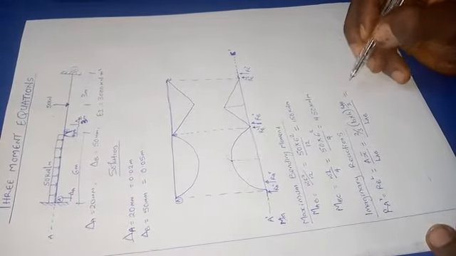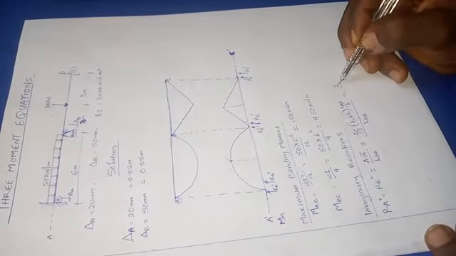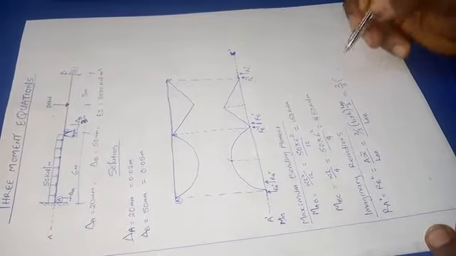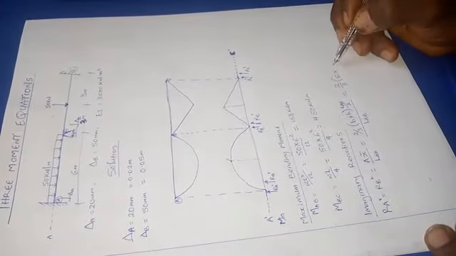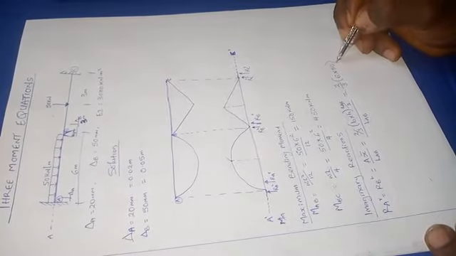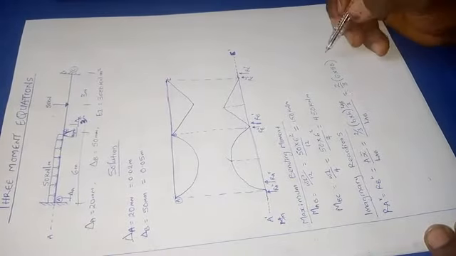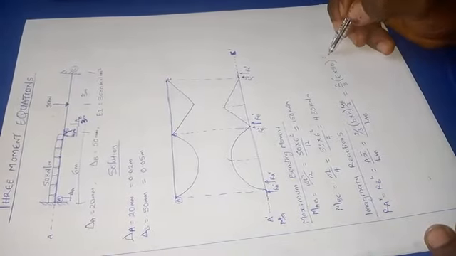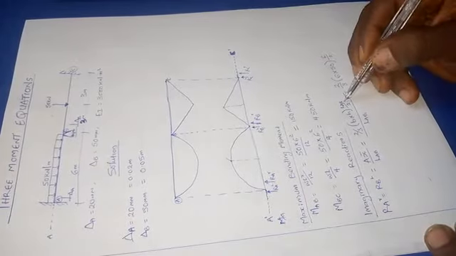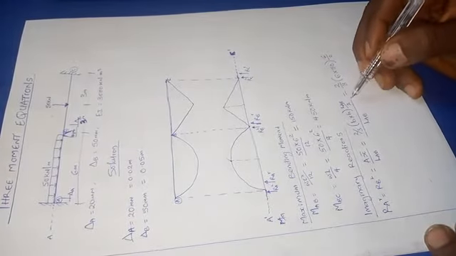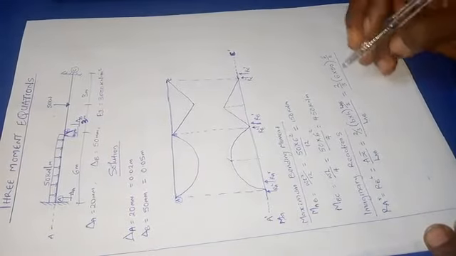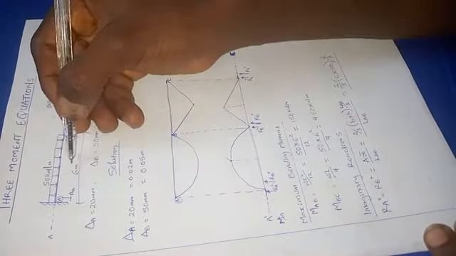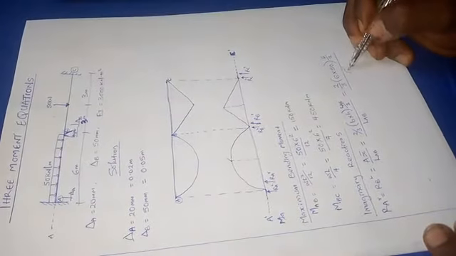Substituting inside this formula, I'll have 2 over 3 in brackets, the base here is 6, times the height, which is 50, then multiplied by the length of A to B, which is 6, divided by 2, all divided by the length of A to B, which in our question was given to us as 6.